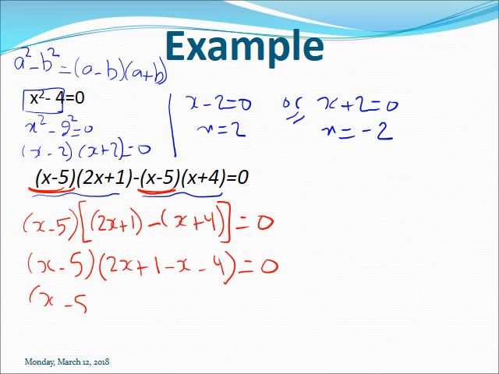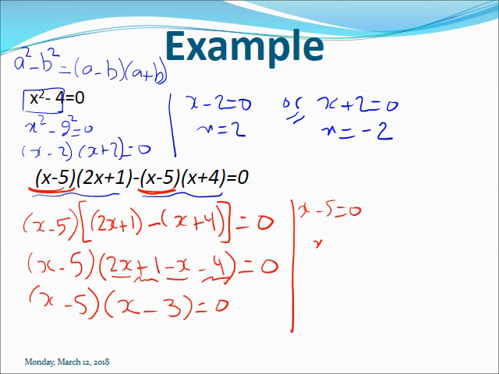Complete: (x minus 5)(2x plus 1 minus x plus 4)... 2x minus x is x, 1 plus 4 is 5. So (x minus 5)(x plus 5) is the factorized form. Every bracket equals 0. x minus 5 equals 0, so x equals 5. Or the other factor equals 0, giving the second solution.